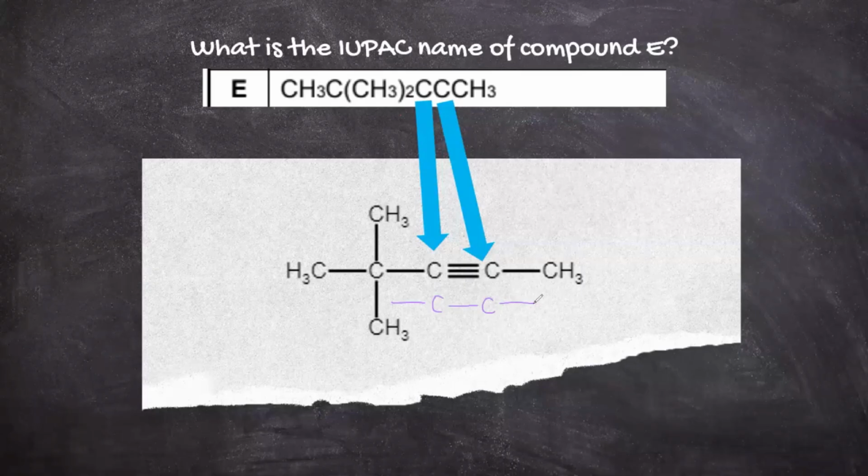So to satisfy themselves, these 2 carbons are going to form a triple bond, and that's where this triple bond comes from. I saw there was a question in the chat: what is the functional group? This triple bond is the functional group in this molecule. This is a hydrocarbon, which means it doesn't have any unique atoms.